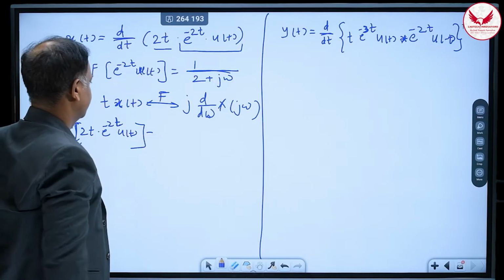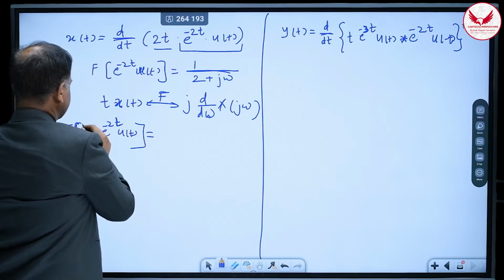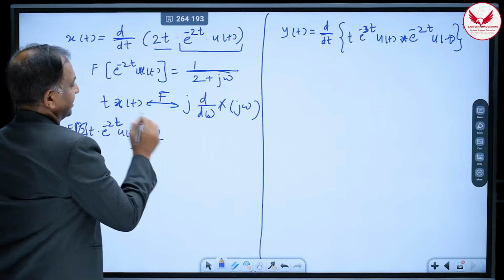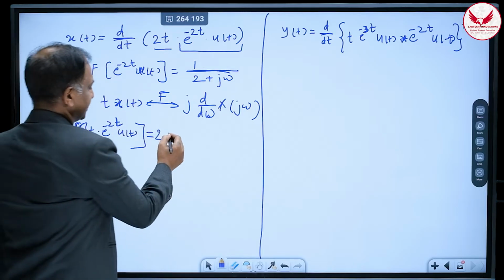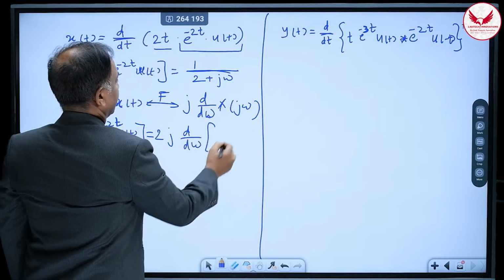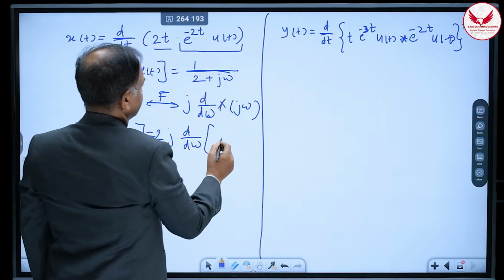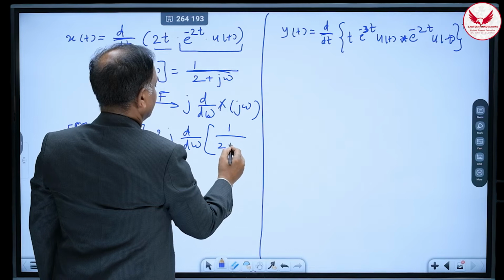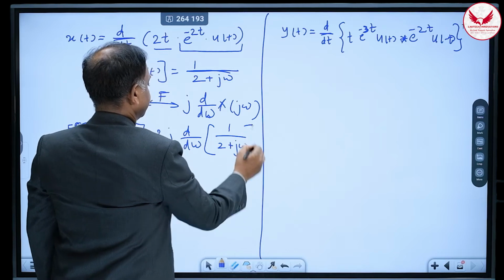2t into e raised to minus 2t into u of t. This is equal to 2, which is a constant; I will take it as it is, into j into d upon d omega of x of j omega, which is 1 upon 2 plus j omega.